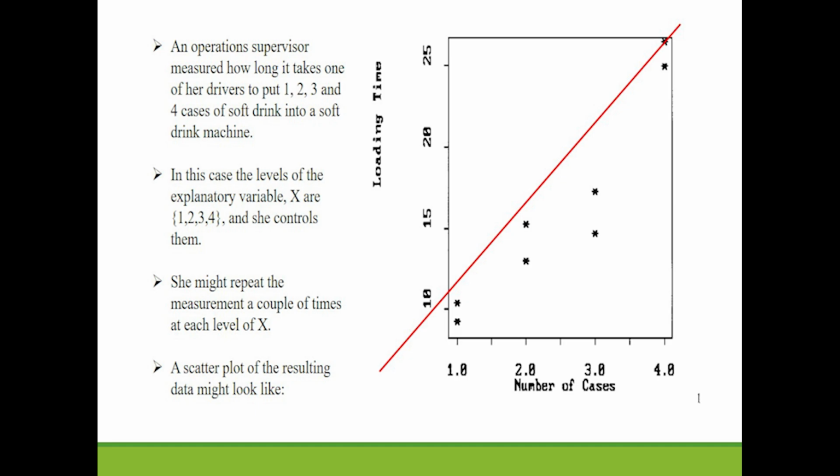All this is expressed in the form of a scatter plot or scatter diagram, where on the two axes, x and y, when you see a graph on the screen, you would see the number of cases and the loading time. Based on these, you can express the relationship, and then the slope of the line can also be plotted onto a graph.